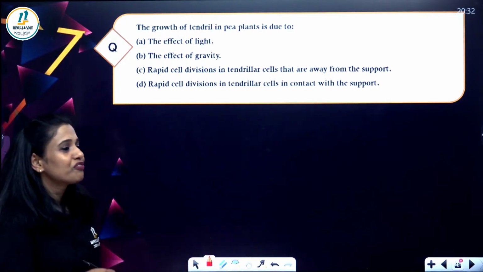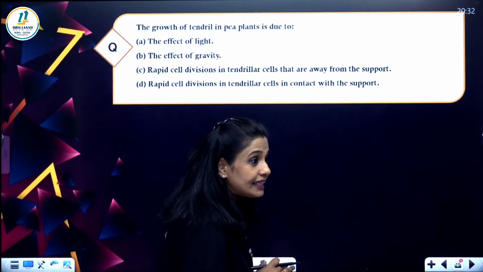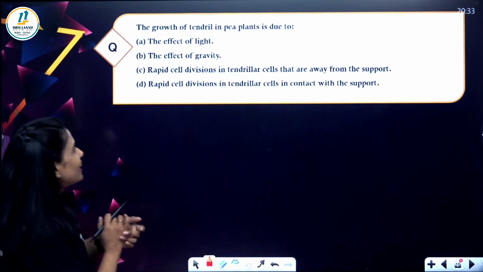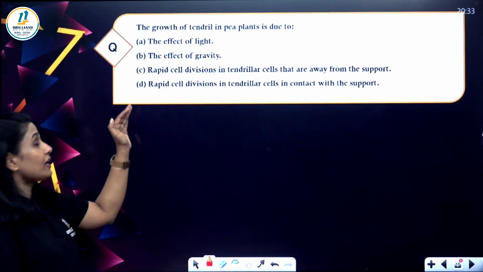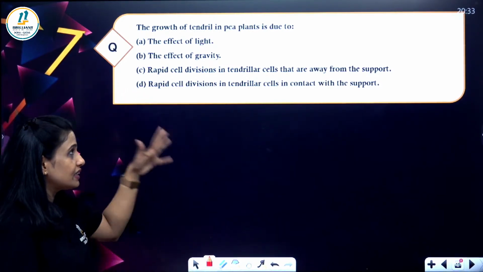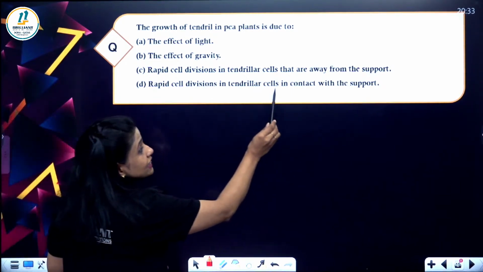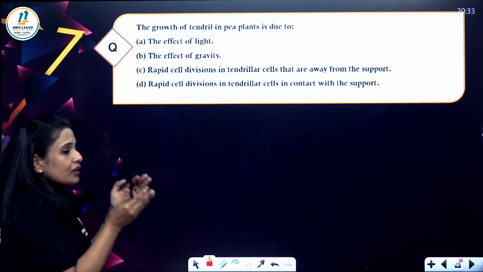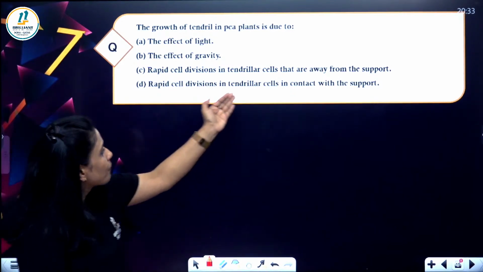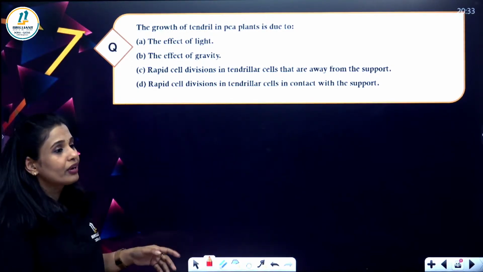Very good. All are commenting. Okay, see here. It is due to rapid cell division. But you have to be very careful. It is not in the place of contact with the support. It is away from the contact.